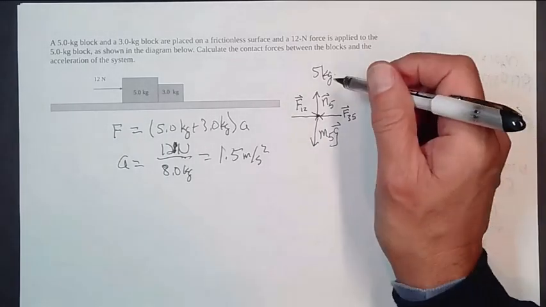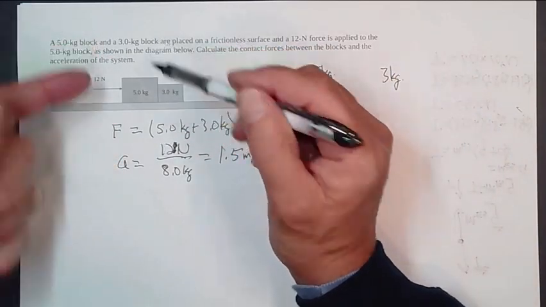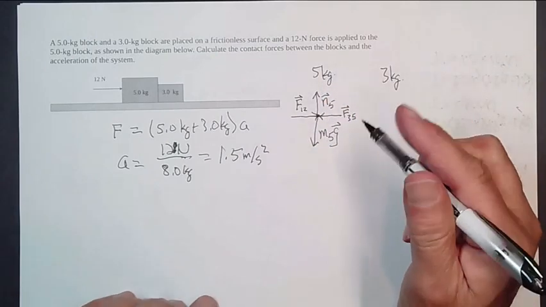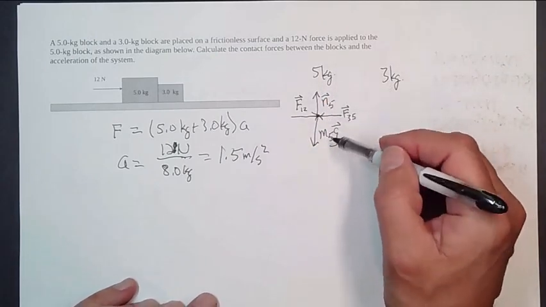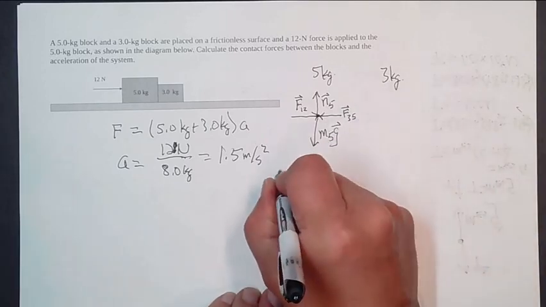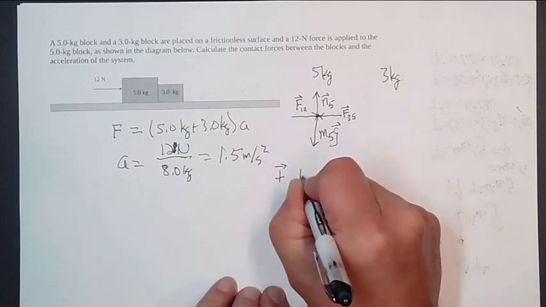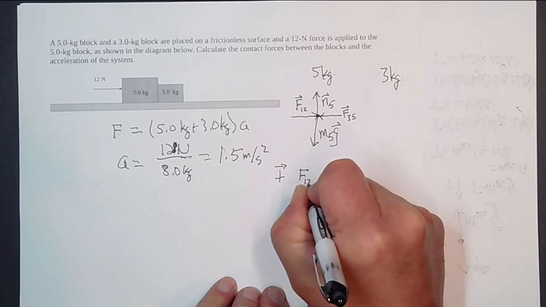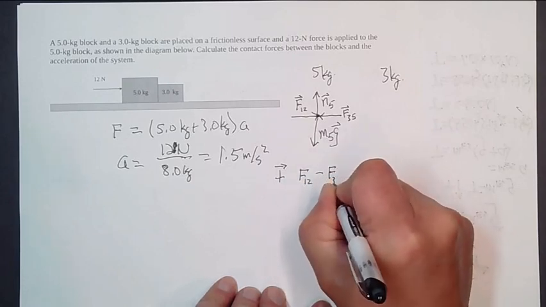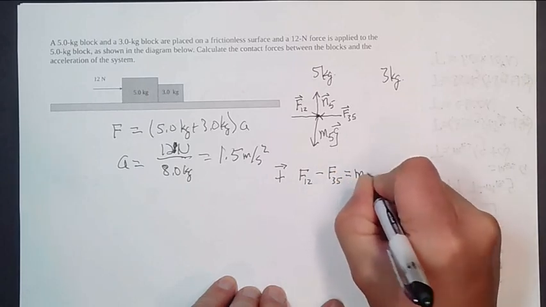Well, one thing we know, this thing doesn't fall through the surface and it doesn't jump off the surface, and so the vertical forces combine to 0. If I really needed to know it, I could calculate it, but I don't. And if I say positive is to the right, I can say that the 12 Newton force minus the force of the 3 kilogram mass on the other one will equal ma.